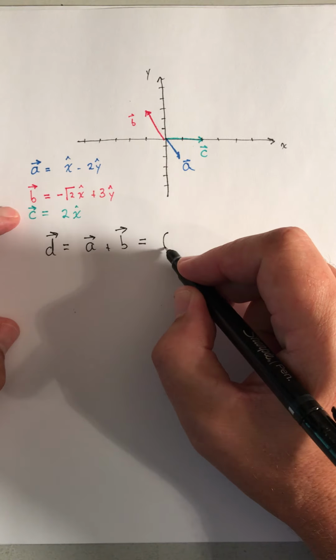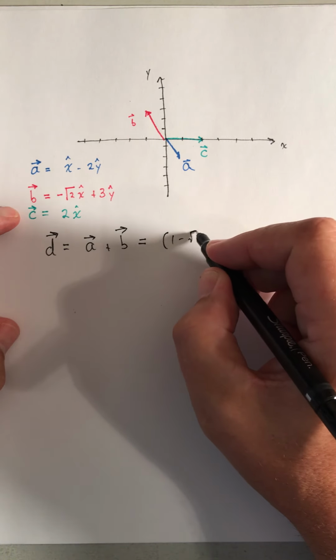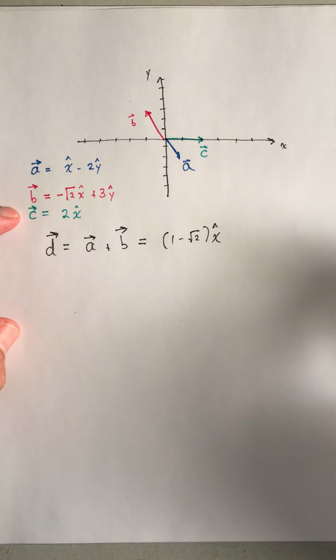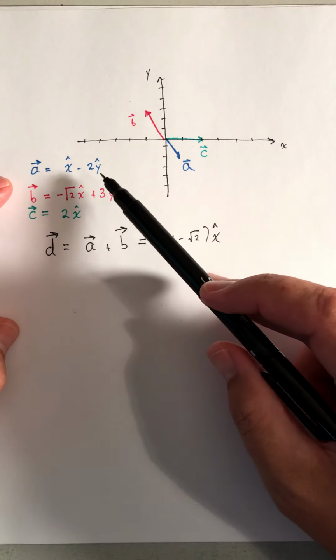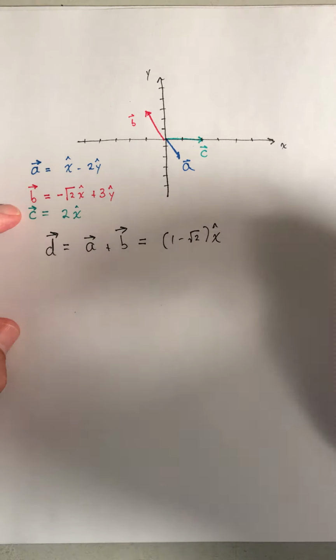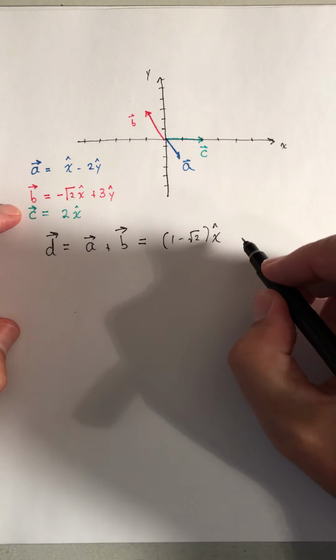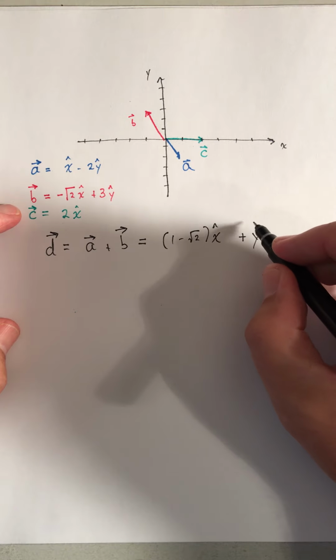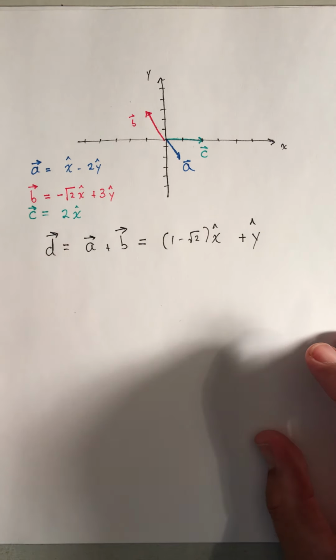So along the x direction, I'm going to have (1 minus root 2) x hat. Along the y direction, A is minus 2, B is plus 3. So 3 minus 2 is 1, and it's going to have a y component of plus 1, so it's plus 1 y hat.